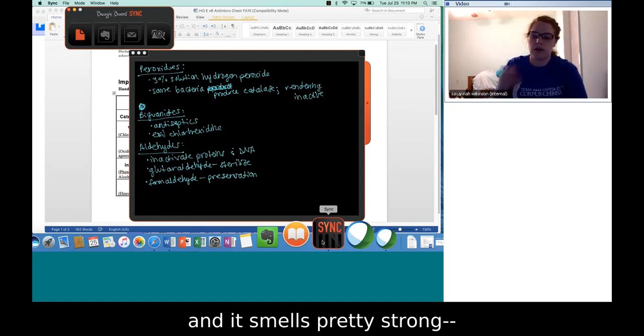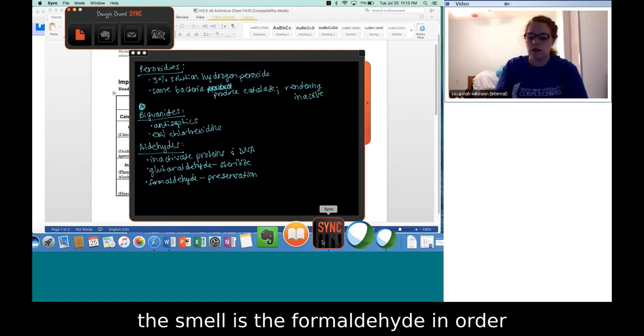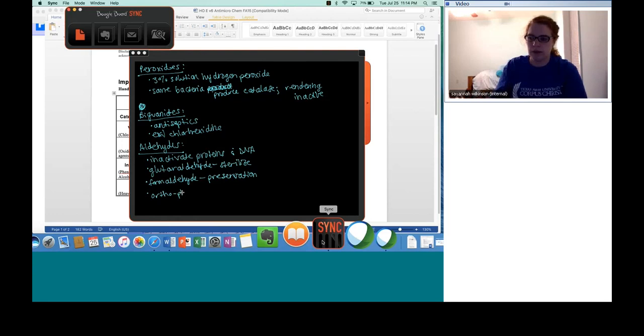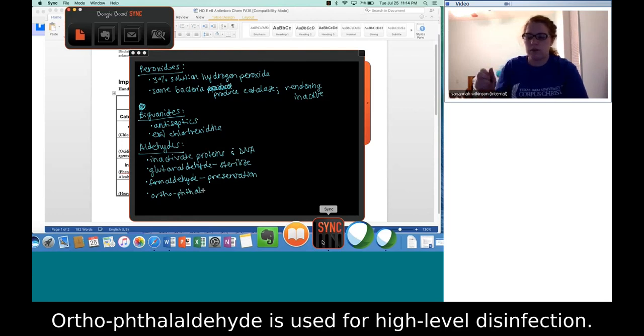The smell is the formaldehyde in order to preserve the specimen or the cadaver. Or orthophthalaldehyde is used for high-level disinfection.